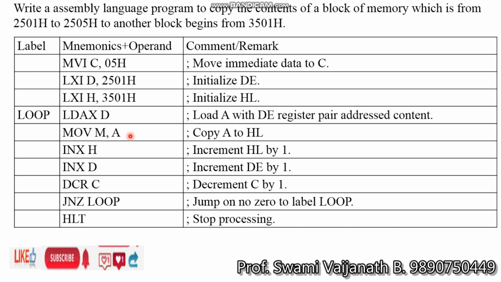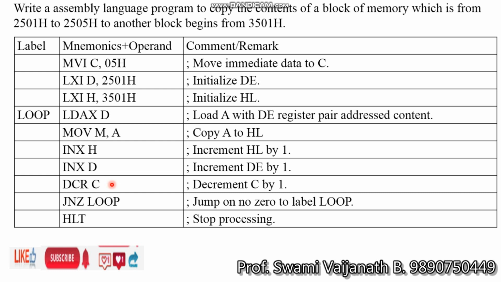Then the content of A is copied to M, then INX H increments HL, that is 3502H, and INX D increments the DE pair, that is 2502H. Your program checks whether the content of C is 0 or not.